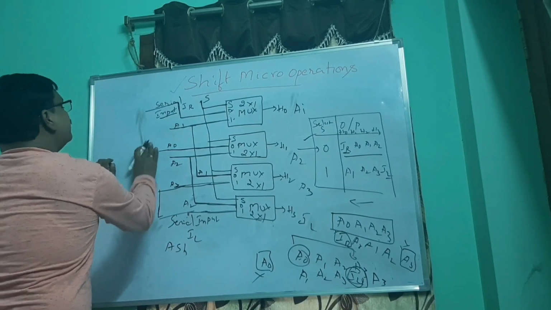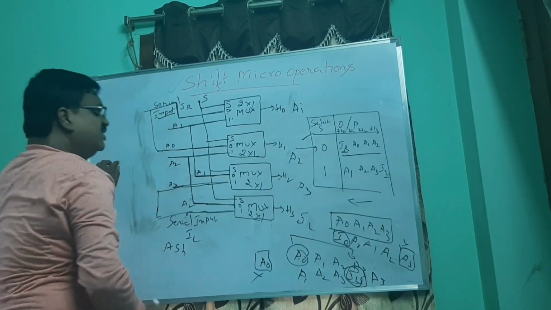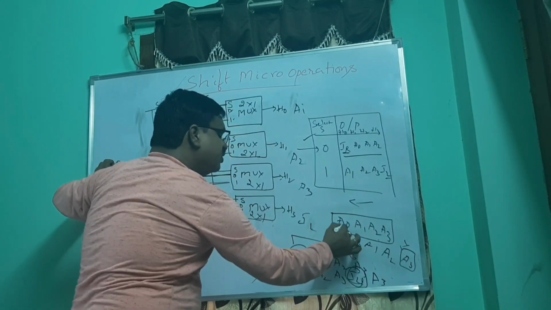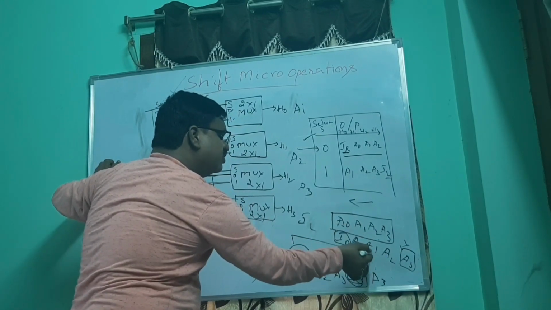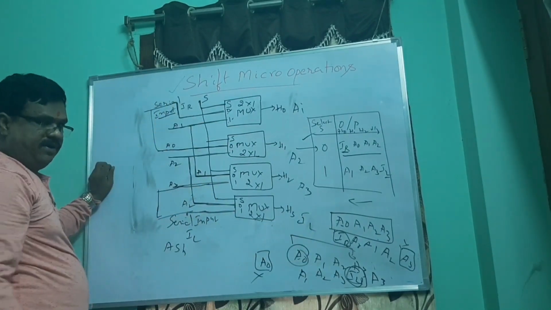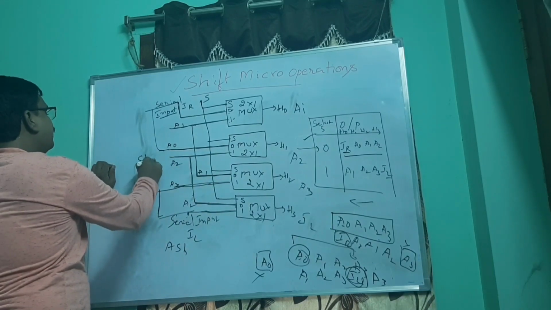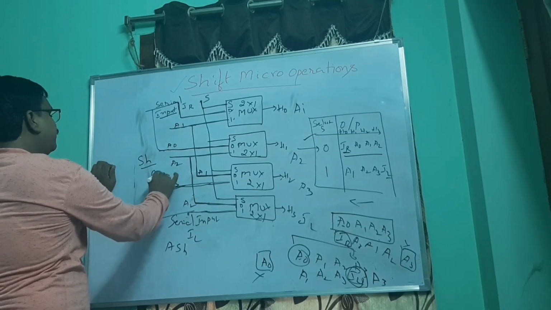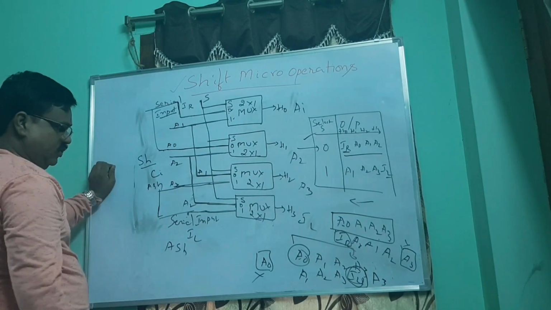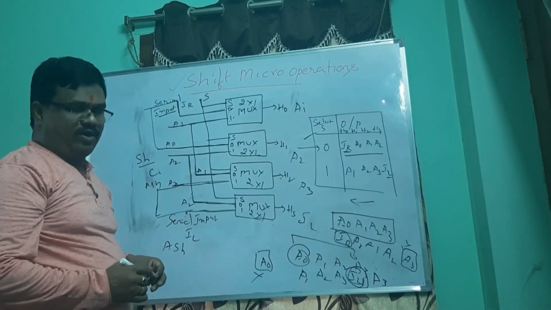And here also, whatever IL is there, then A0 will be here, A0, A1, A2, A3. Whichever A0 is moved like this, the same will be copied. So this circuit with a slight modification can be worked out for normal shift, for circular shift, and for arithmetic shift also. So this is the hardware diagram of your shift micro operations.